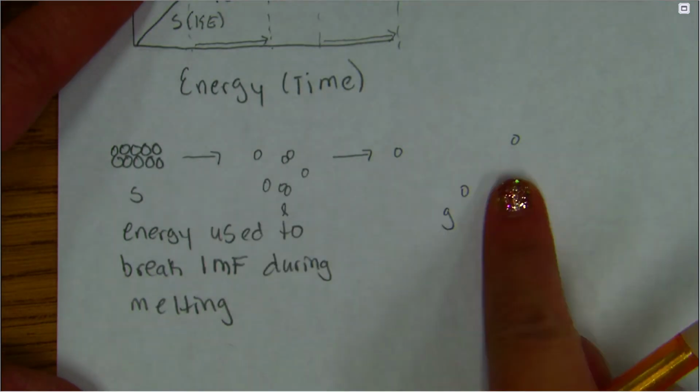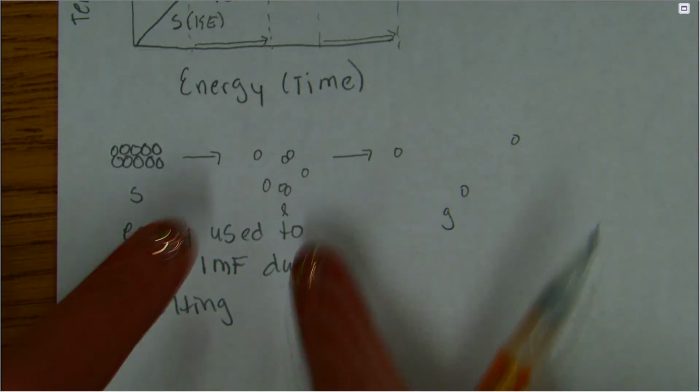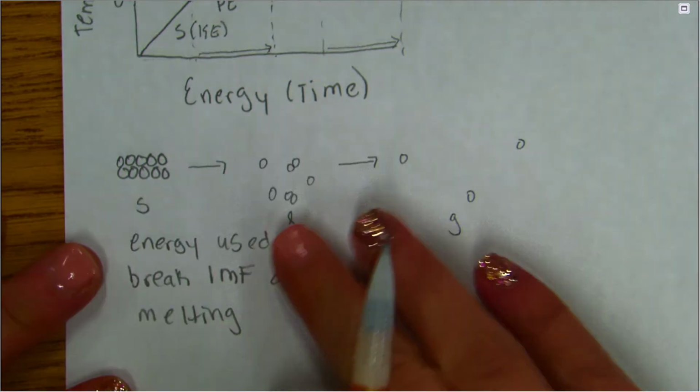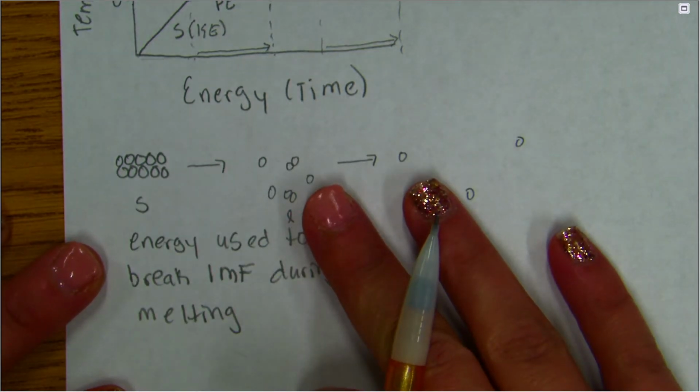And the same thing is happening when I go from a liquid to a gas. So a liquid has fewer intermolecular forces, and we see that because our particles are further apart from each other.